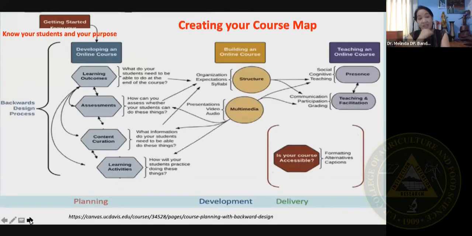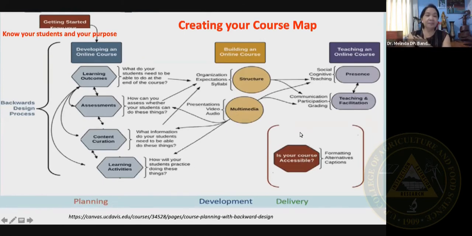So just so that we can situate our discussion this morning to the whole thing, as the holistic view of what we've been doing. This is our course map.